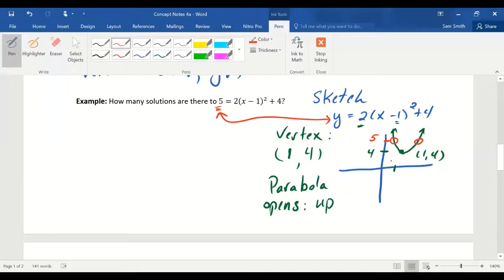One perhaps somewhere between 0 and 1, and another one larger than 1. I have 2 x values that would yield a y value of 5. So just with that step, I can say there are 2 solutions to this equation, because there are 2 values of x that would give me a y value of 5.